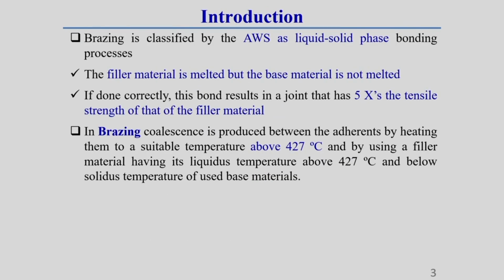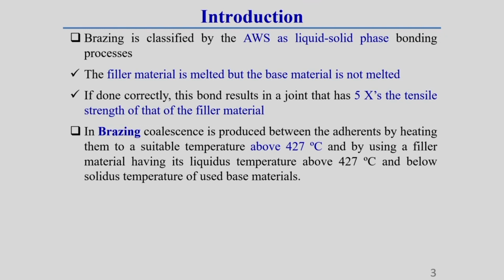First of all, as I have already told you, brazing is classified by the American Welding Society as a liquid-solid phase bonding or joining process. The filler material used here is melted, but the base material to which we apply this filler material does not melt.